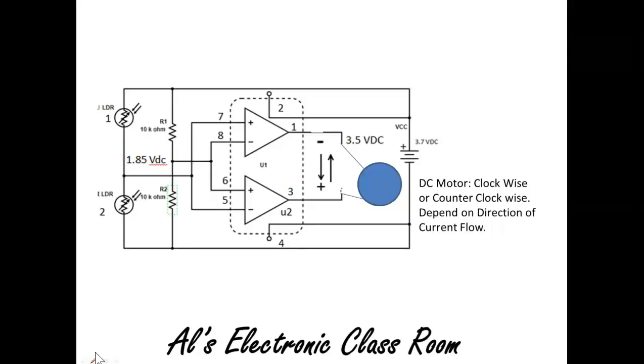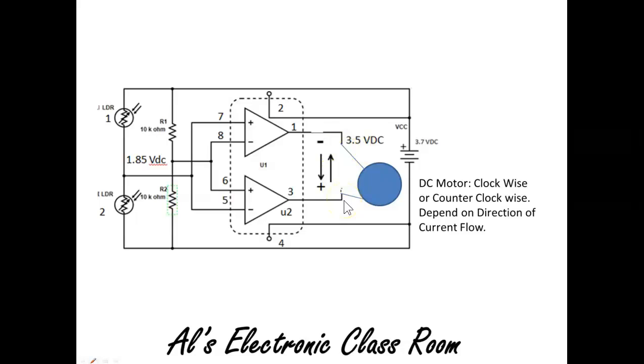Okay, so in this slide here, what I've done is I replaced that resistor with this graphical representation of a DC motor. It's in blue. And here's what happens. There's always 3.5 volts across this.